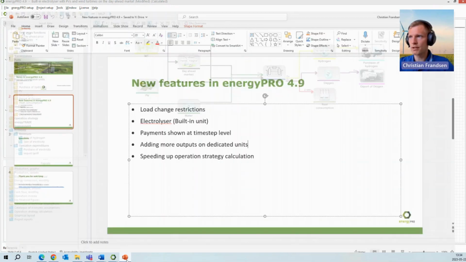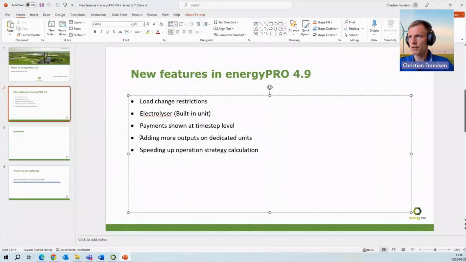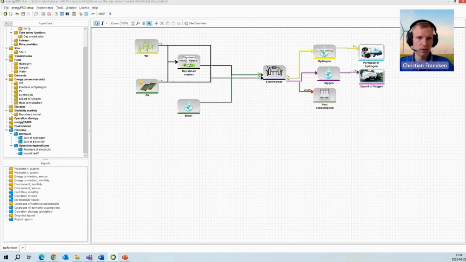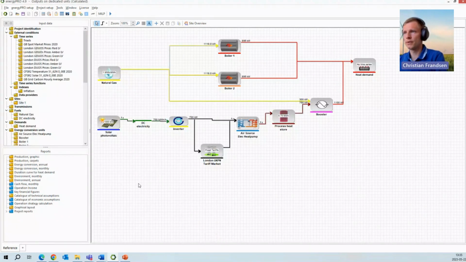Next on our list is the bullet here, which is about the more outputs that we have added on some dedicated units. So this is the example where we have now introduced some more different output types than we had in the previous version.